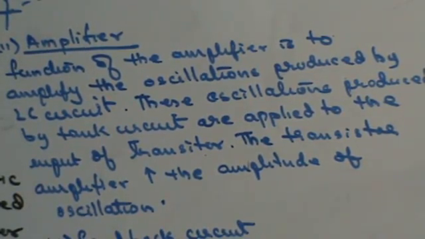Now, to produce continuous oscillation, it is necessary to supply the correct amount of energy to the tank circuit, which should be in phase with the oscillations of the tank circuit. We saw that the output of the tank circuit is a damped oscillation. I don't want a damped oscillation. I want continuous oscillations.